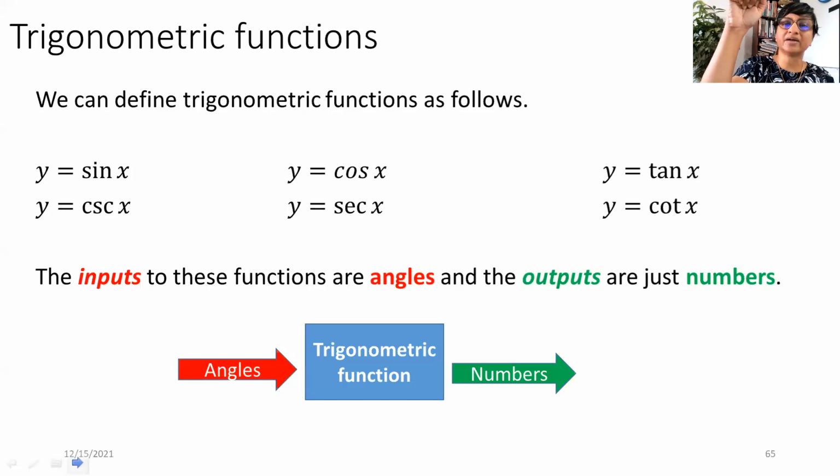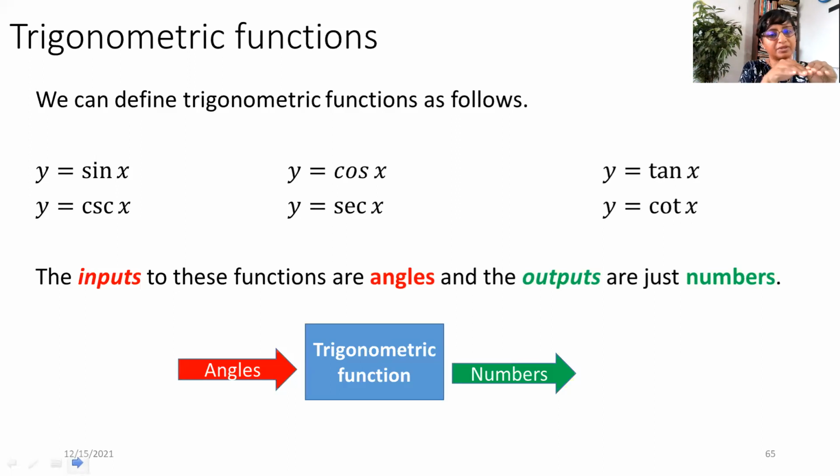For any angle, there is a sine value of the angle. For any angle, there is a cos value of the angle. There is a tan of the angle, a cot of the angle, and a cosec and a sec of the angle. So these are 6 functions and they are trigonometric functions.